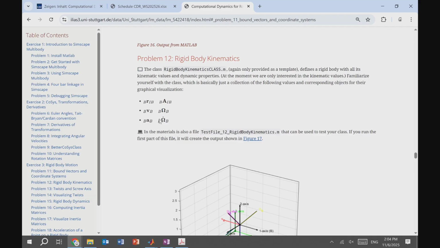That's basically what we need to describe a body, and this class has these basic properties as variables. Plus graphics. Now there is a bit of a question how to make this look nice, but at the very basic core, we're drawing coordinate systems.